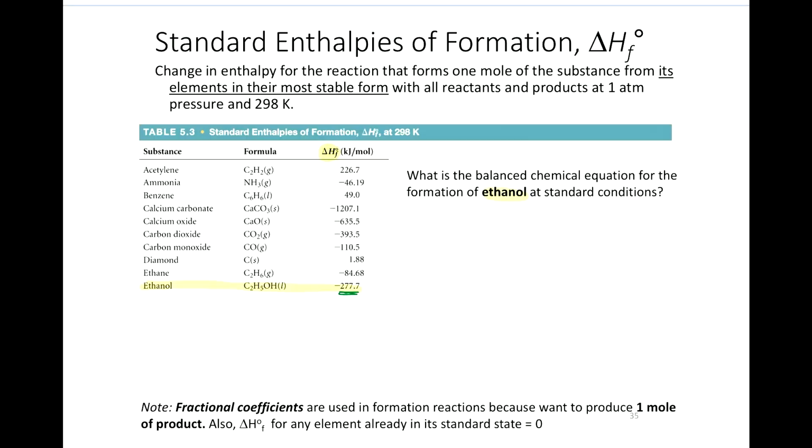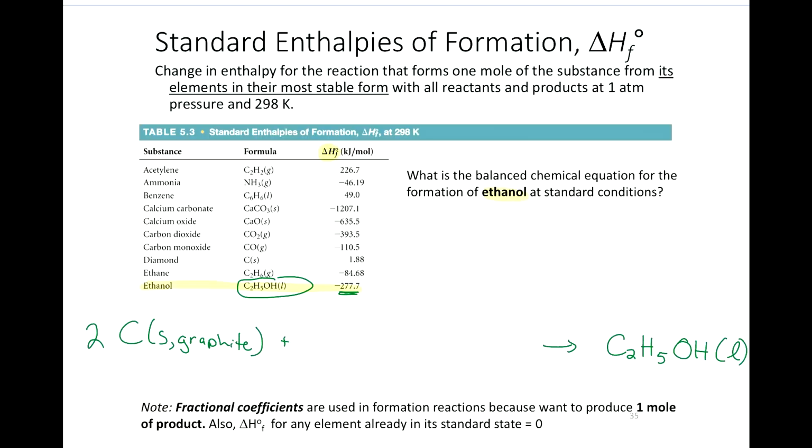So our strategy is you take ethanol, so here's the formula, and we're going to make exactly 1 mole of this substance, all right? And then we want to form it from its elements in their most stable state. So we've got carbon again, carbon solid, graphite. But how many carbons should I have? 2, very good.